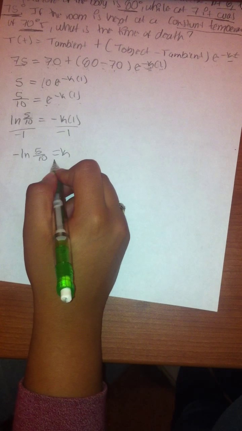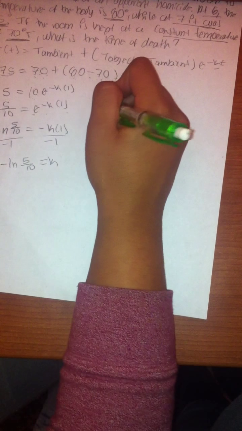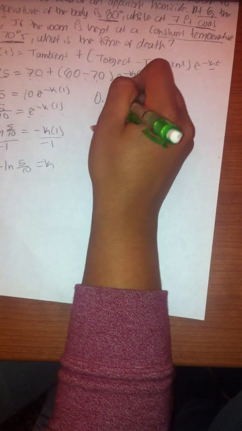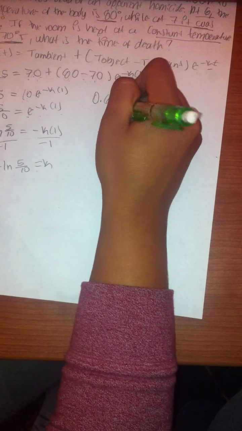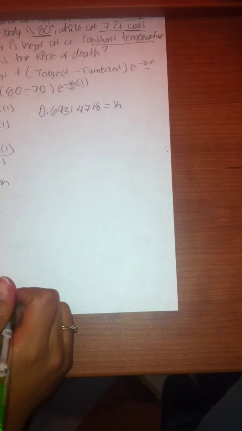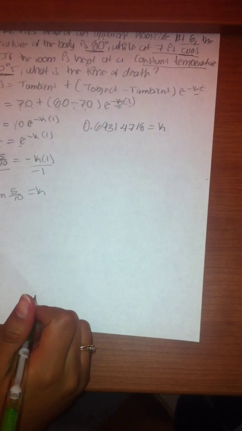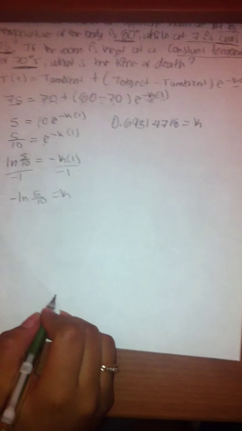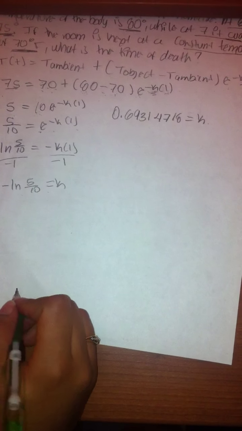Once we plug this in the calculator, we get 0.69314718 equals k.